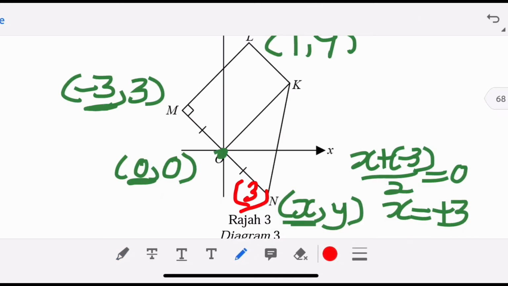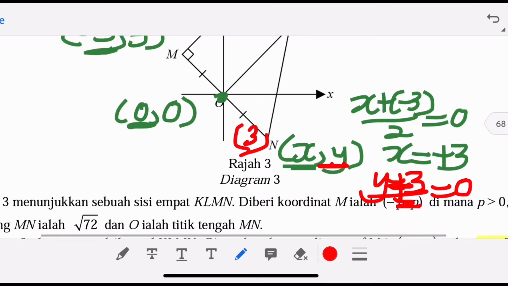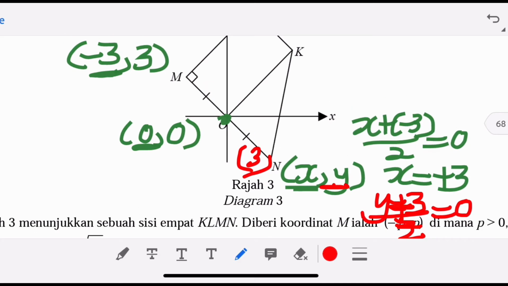So this is 3. And then the y logically is negative 3, right? y plus 3 over 2 equal to 0. So y1 plus y2, 3 plus y over 2 equal to the midpoint here, 0.